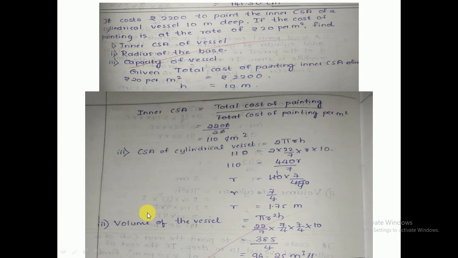Okay, now we have got the solution for this problem. What is given? For the inner CSA, the total amount. The total cost of painting the inner CSA is given. Then the cost of painting per meter square is given.